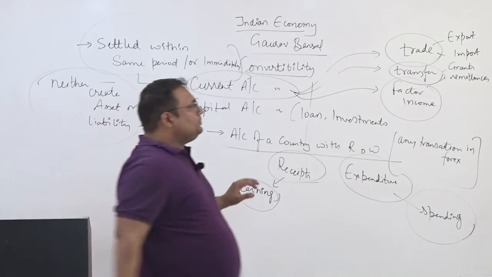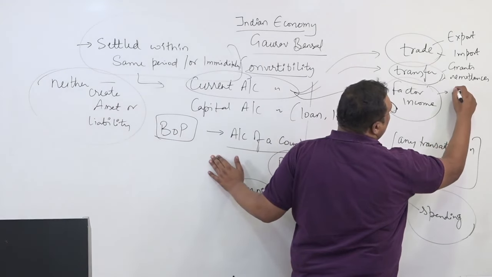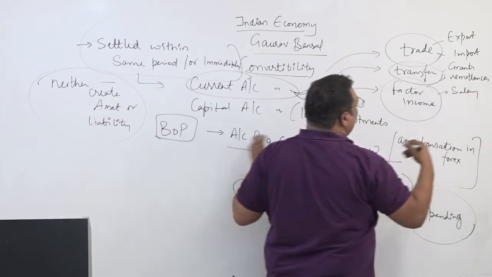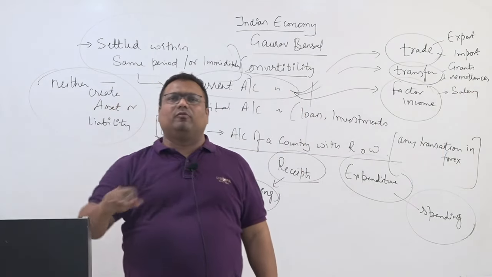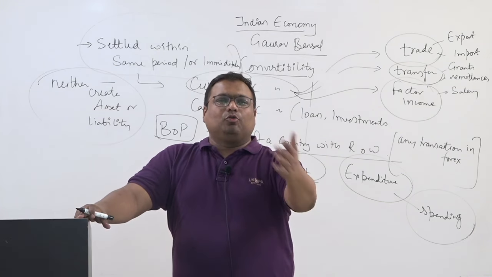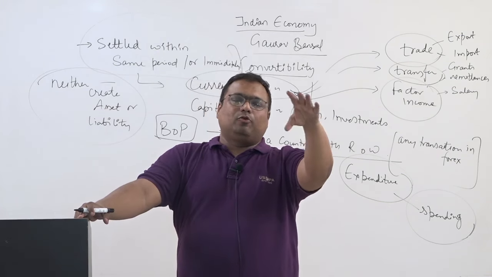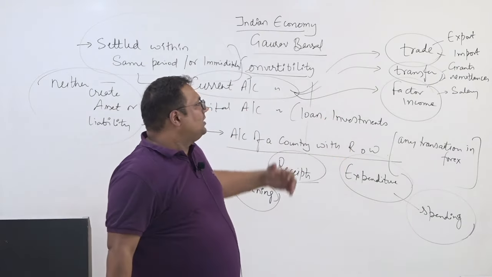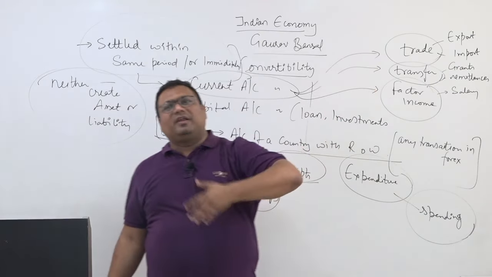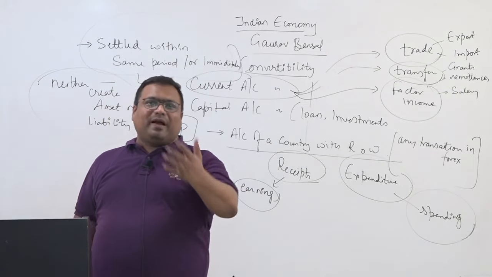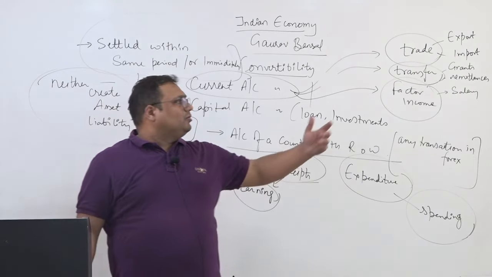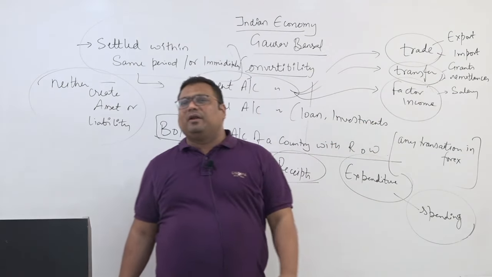For example, salary from abroad. There are people who go abroad for an assignment. Let us say I go to Singapore for an assignment for 2 months and I receive salary from that. That salary also I will take back with me to my country. So that will come as factor income in India.